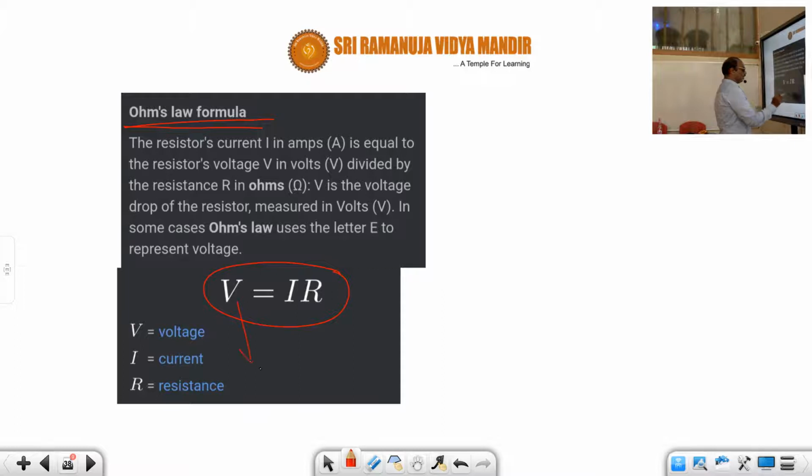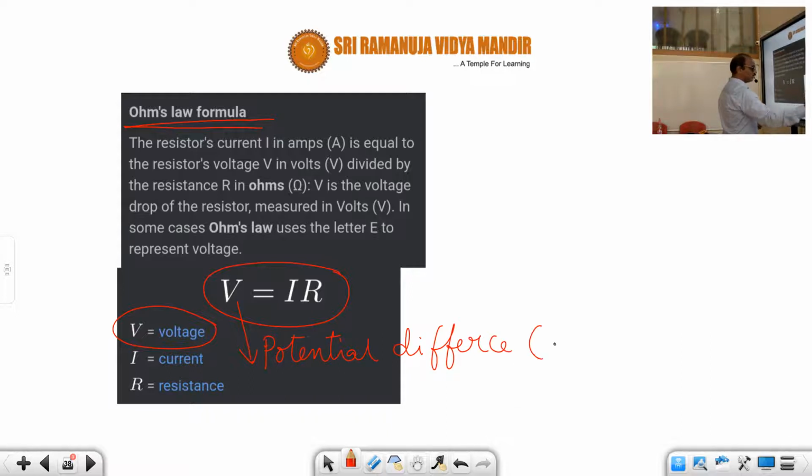Here V is called voltage, actually the potential difference, and its unit is volt. What is the unit of potential difference?